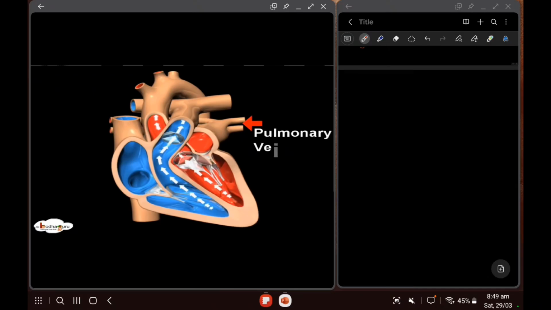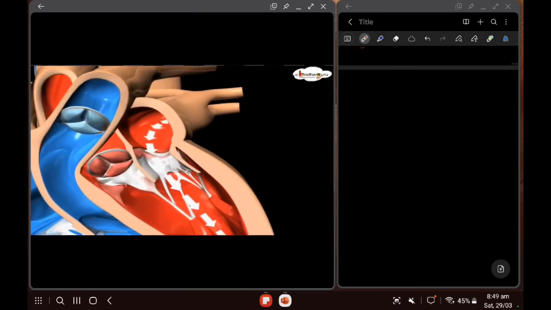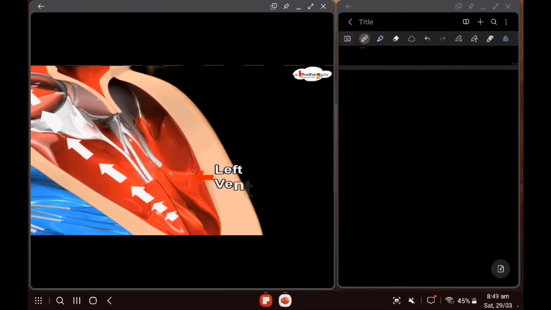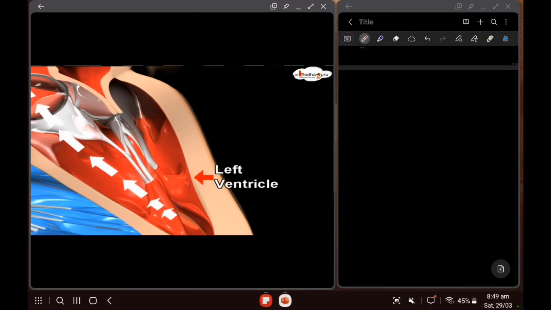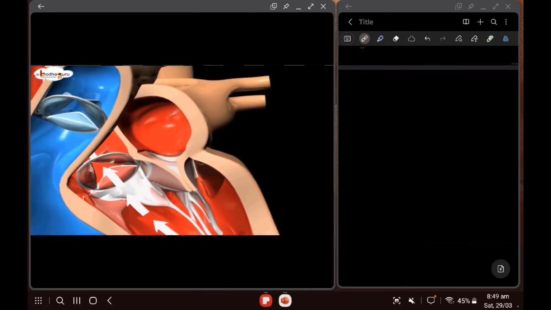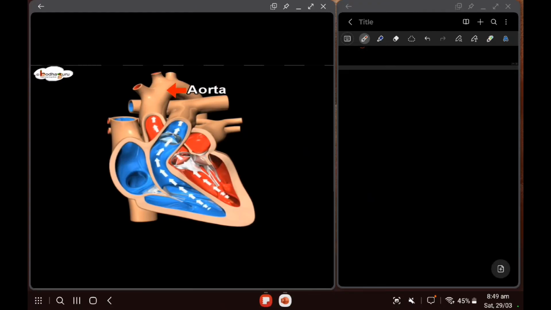After oxygenation, blood travels through the pulmonary vein and is received in the upper left chamber, the left atrium, which pumps it into the left ventricle below. Then it is pumped into the aorta, which is the source of many arteries that carry oxygenated blood to different parts of the body.